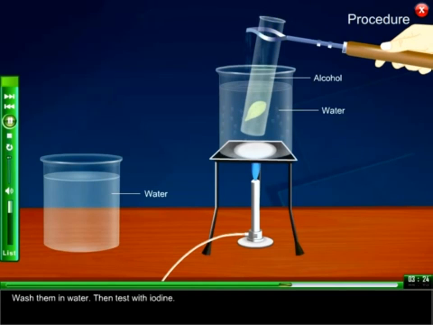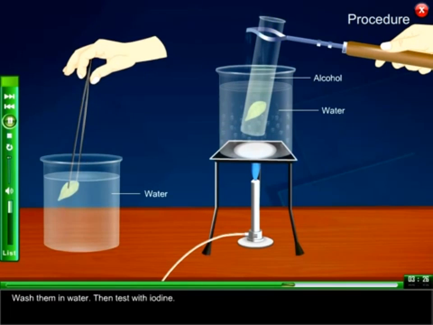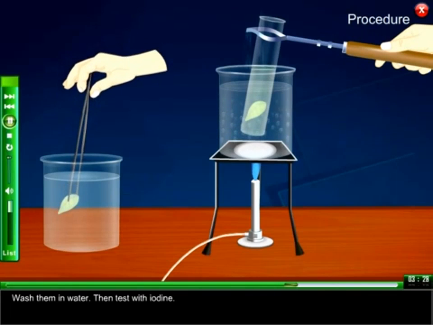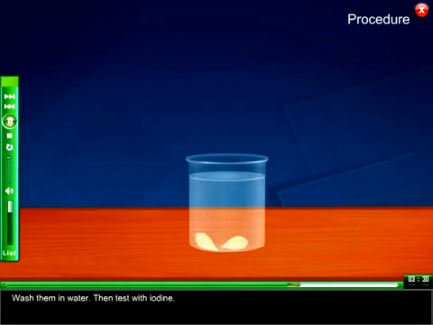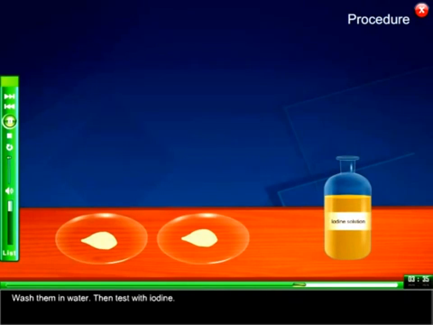Wash them in water. Then test with iodine.